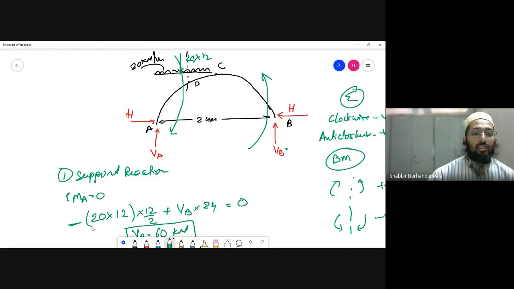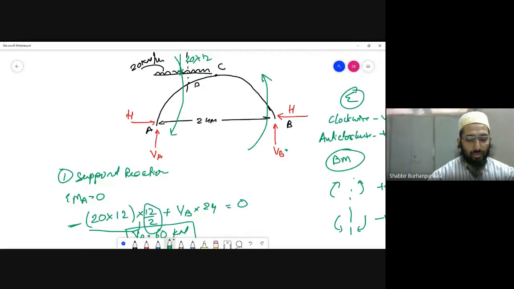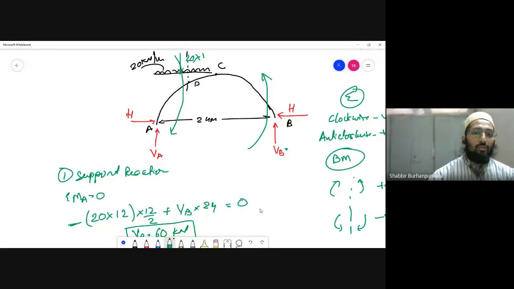In this formula as well, we have taken 20 into 12, the converted point load of the UDL. Because a UDL acts over a long span, we find its equivalent and determine the position where its equivalent effect acts. That position is at its center, which we calculated here as 12 by 2. That way we have used it in the formula.